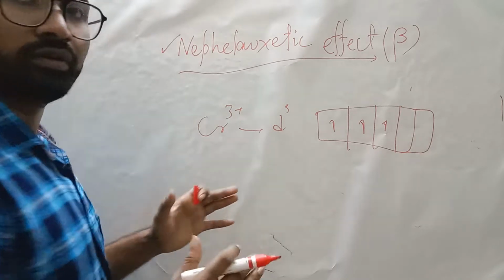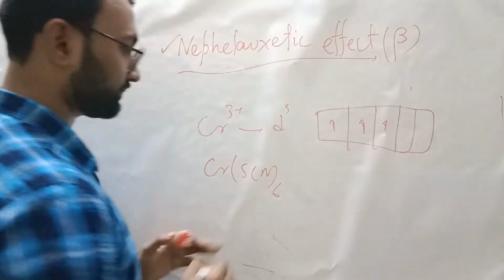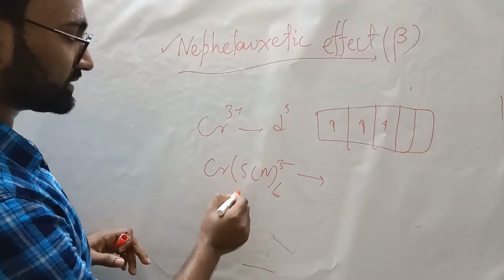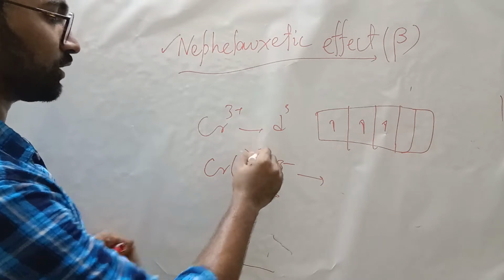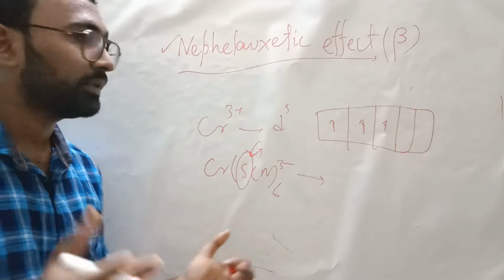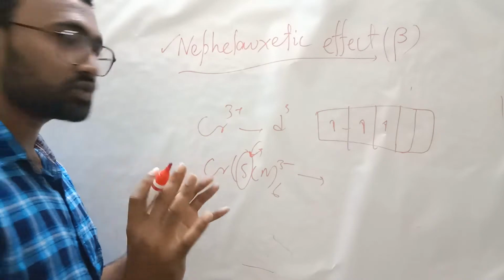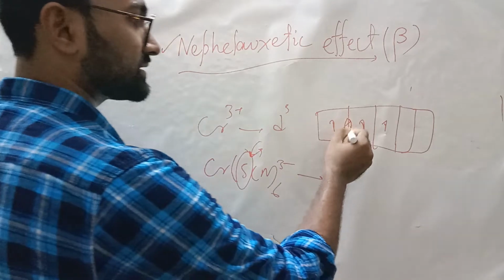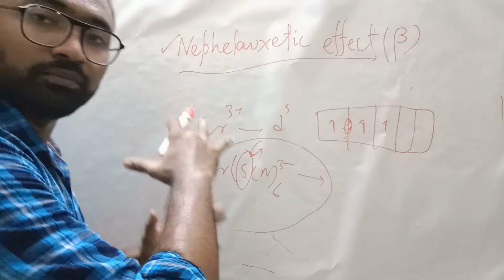But now if we have chromium in [CrS6]3-, these 3 electrons can also be delocalized onto the sulfur atom, because sulfur has vacant d orbitals. So the inter-electronic repulsion between them will decrease. You understood? When there was no ligand, the repulsion was like this, but when there is a ligand, the electrons diffuse between the ligand and metal.